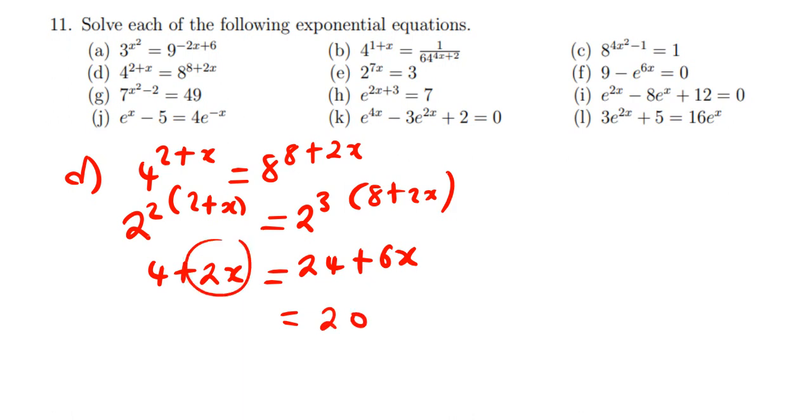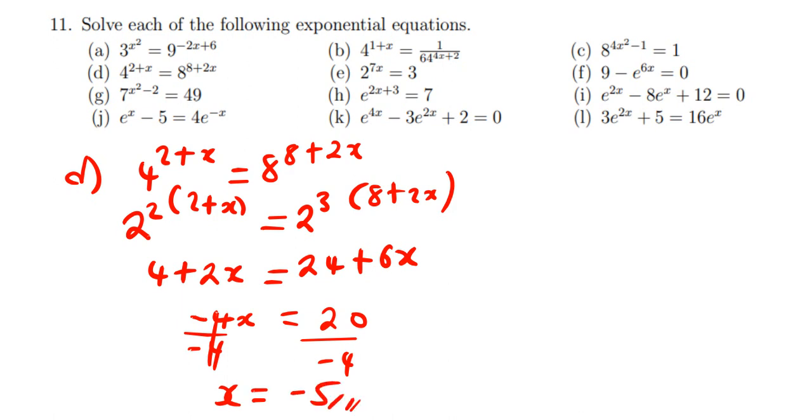When I take the 6x to the other side, I'm going to have negative 4x. So I'm now going to divide by negative 4 on both sides. Therefore my x is going to be negative 5. Okay, so that is the solution for D.